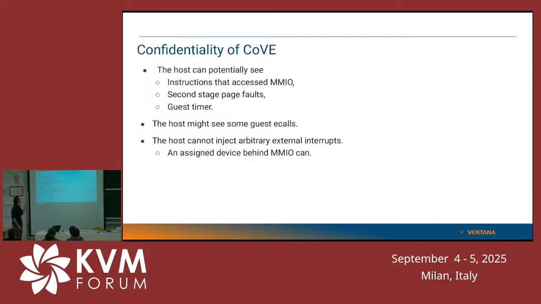So the CoVE tries to do the confidential VMs. It doesn't do anything else, so you can't run non-confidential VMs. And still there are some corner cases for the confidentiality, because, for example, the host can see what MMIO the guest uses.